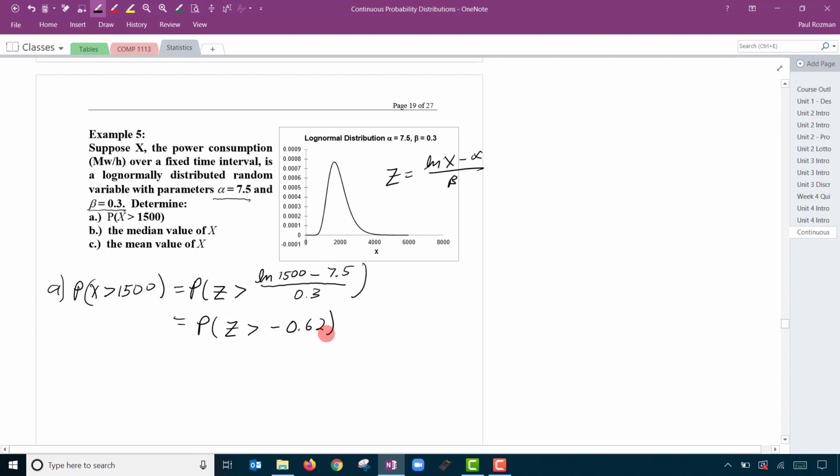If we look at this, what are we trying to find? I guess 1,500 is, say, there, and we're looking for the area to the right of it, roughly.